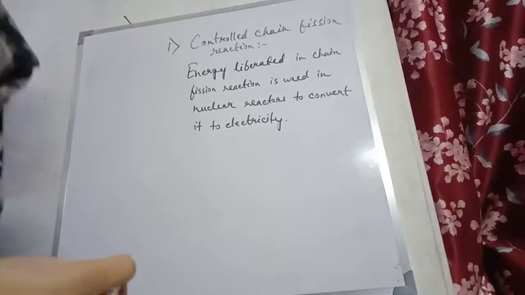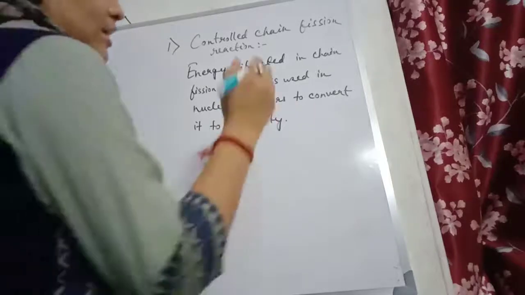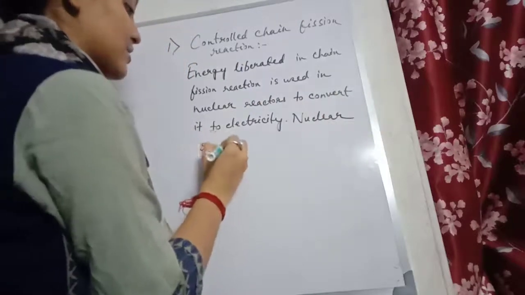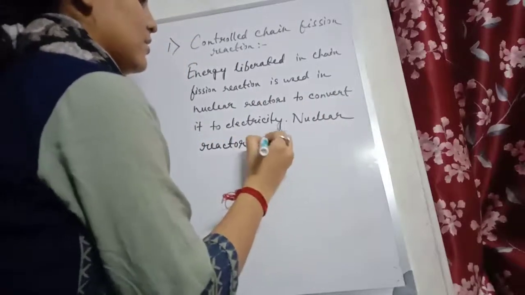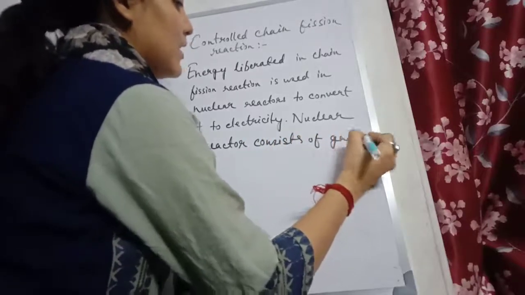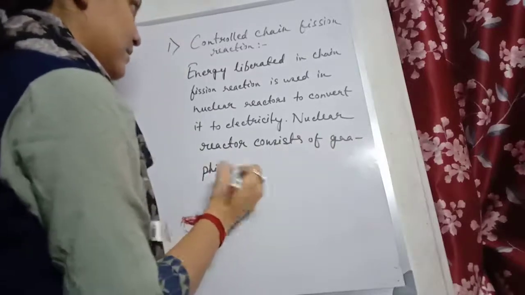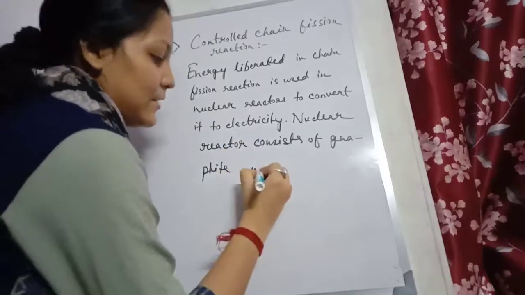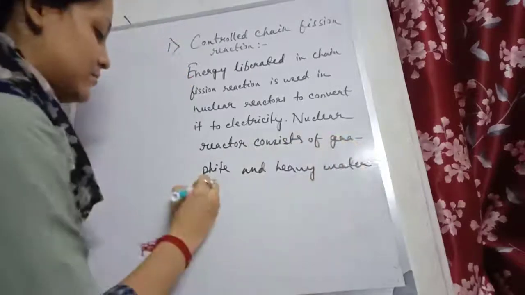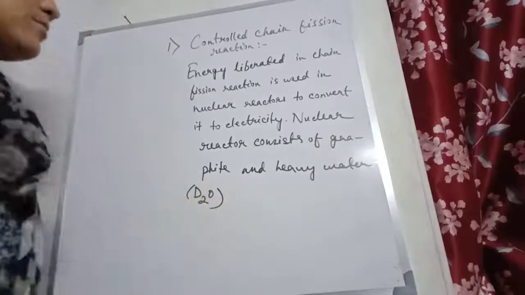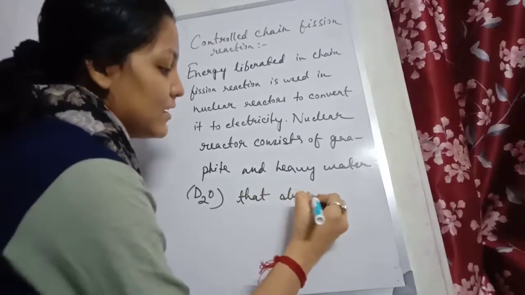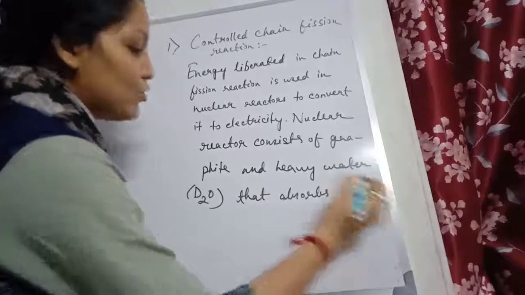Now, why is it controlled? Why are we saying this reaction is controlled? It's because a nuclear reactor consists of graphite and heavy water that absorbs some of the neutrons.